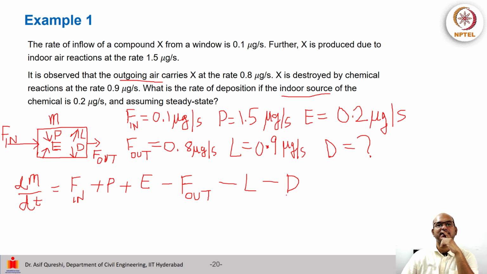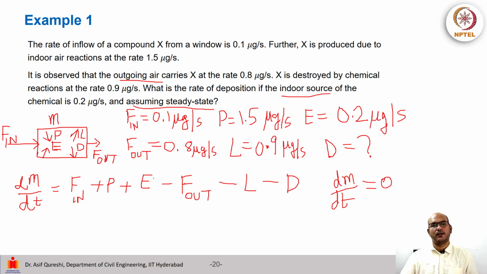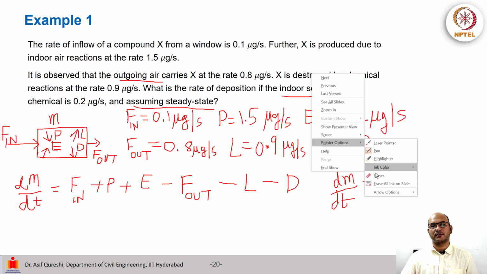This is our mass balance equation, and we know we have to assume steady state. So dm by dt is equal to 0.